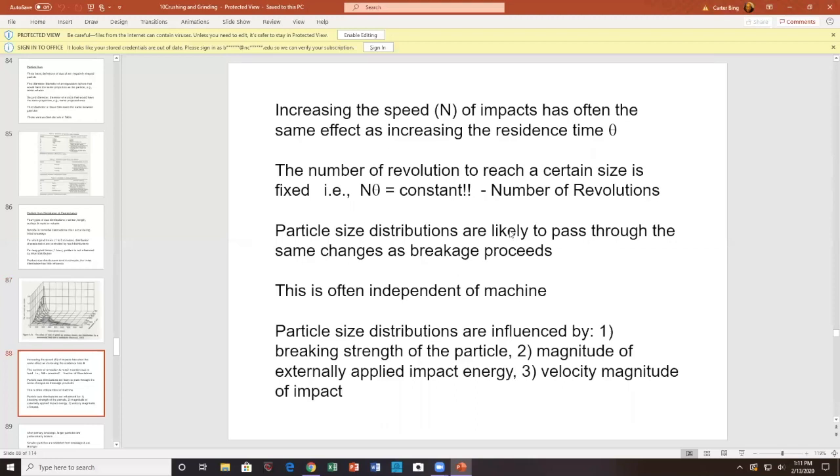Particle size distributions are likely to pass through the same changes as breakage proceeds. This is often independent of the machine. Size distributions are influenced by the breakage strength of the particle, the magnitude of applied external impact energy, and the velocity magnitude of the impact.